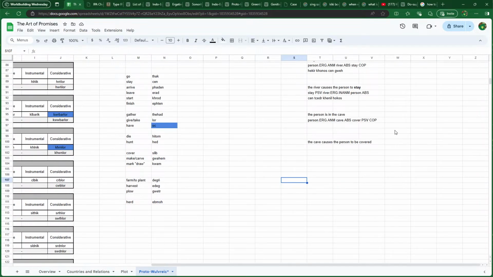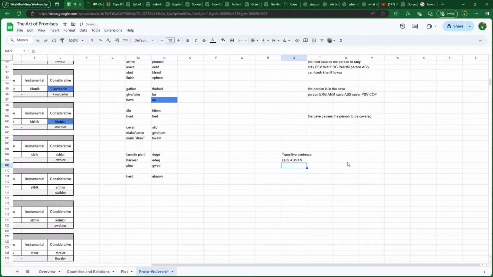A transitive sentence, that's not how you spell that. Transitive sentence looks something like this. Ergative subject, absolutive object, transitive verb.